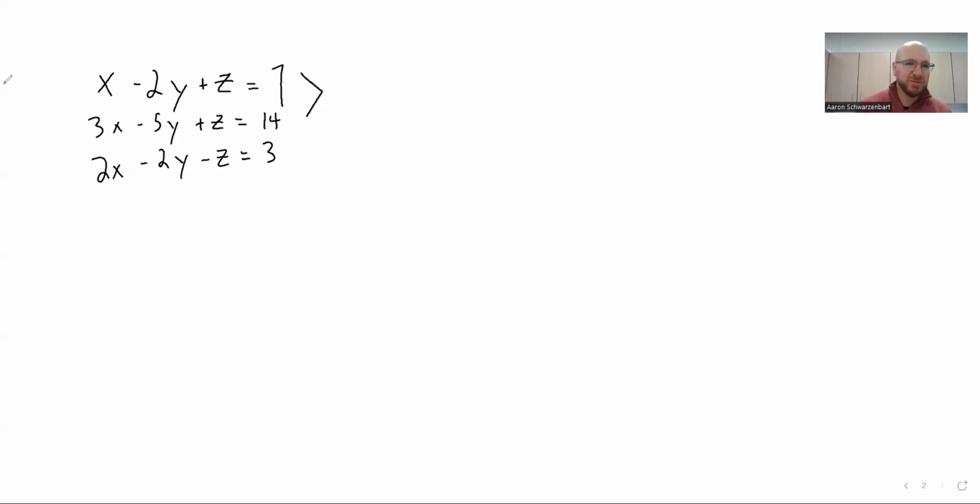So I'm going to multiply the top equation by -3, and I'll put it over here. And then I will take the second equation, I'll put it underneath, and I'll add them together.